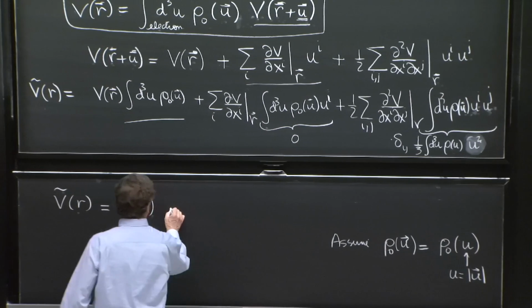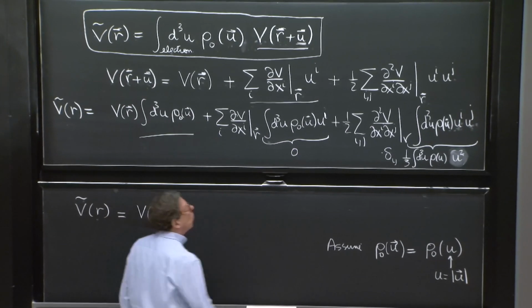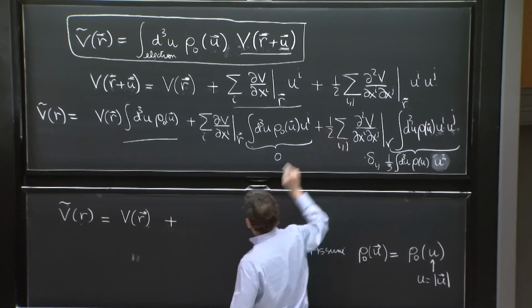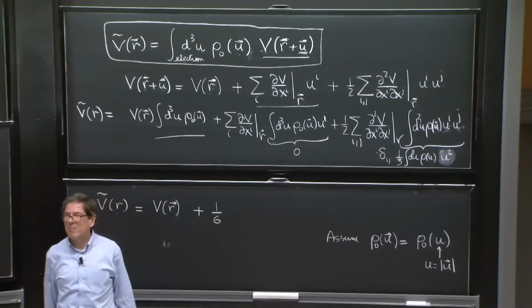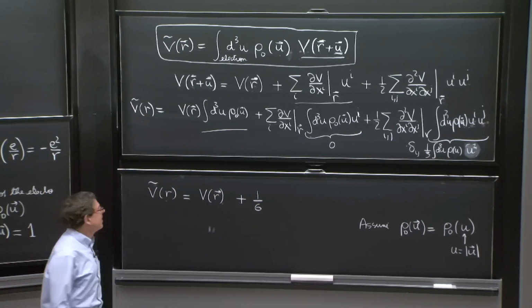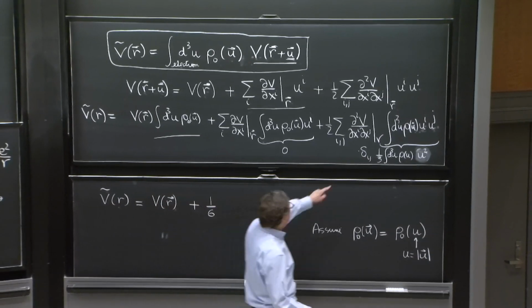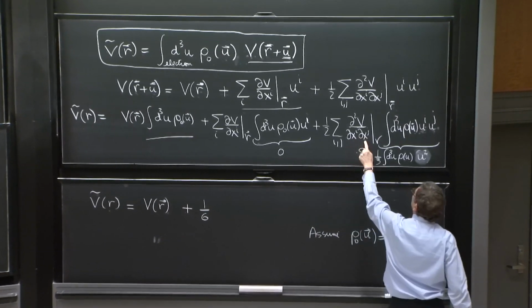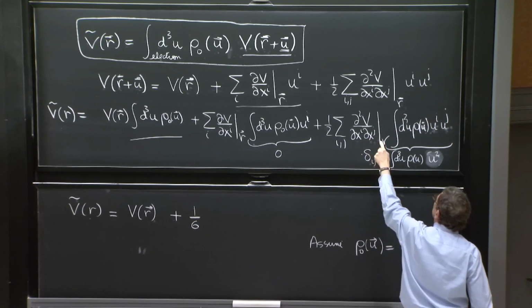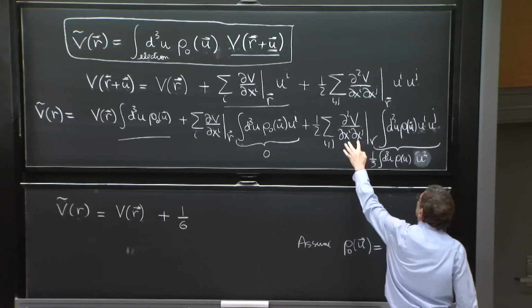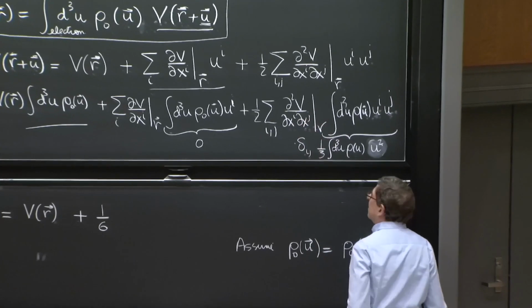So what do we get? Plus 1/6. And here we get a big smile. Why? Because delta ij with this thing is the Laplacian of v evaluated at r. Have the same derivative summed.